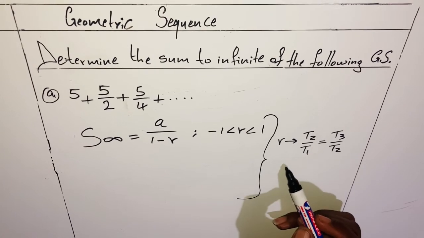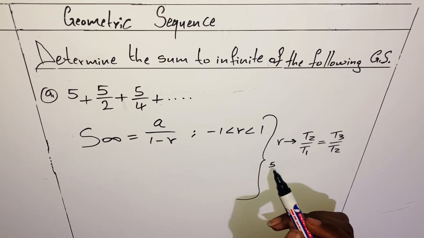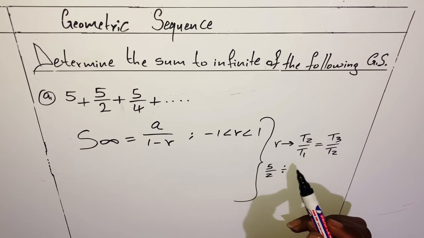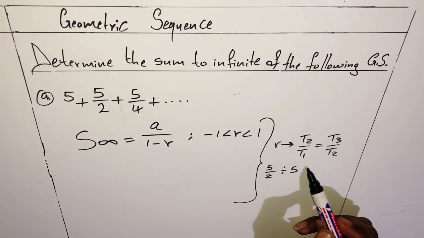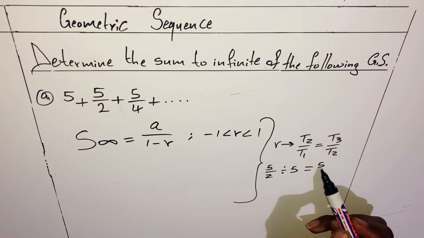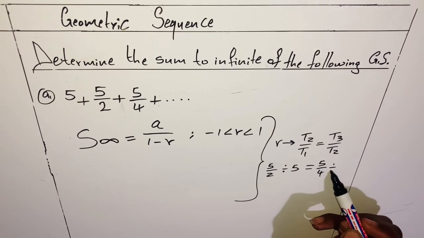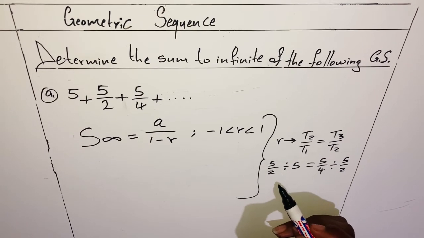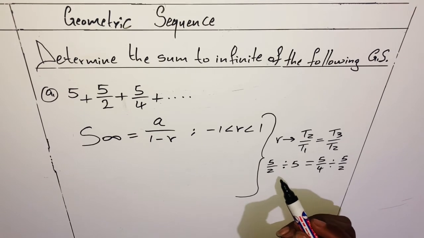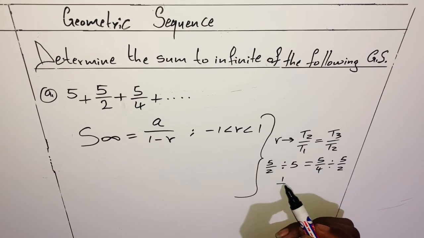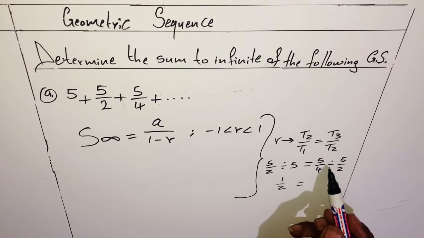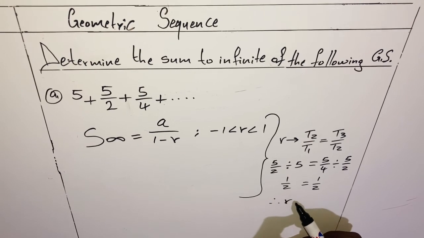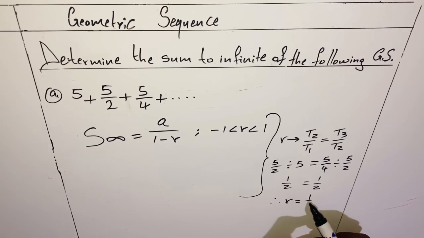So our t2 is 5 over 2 divided by t1, which is our 5, equals t3, which is 5 over 4 divided by 5 over 2. Our answer, we get that this side is 1 over 2. Also, 5 over 4 divided by 5 over 2, you get 1 over 2. Therefore, our r is equal to 1 over 2.